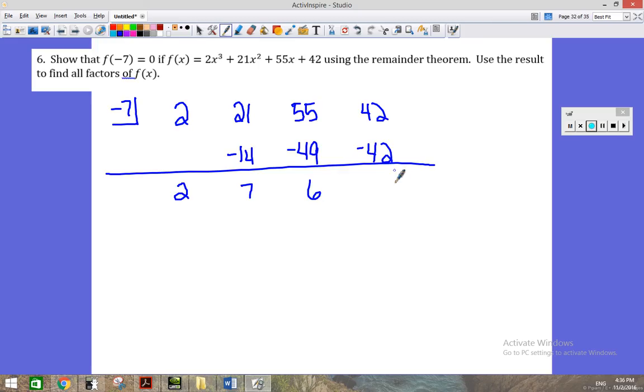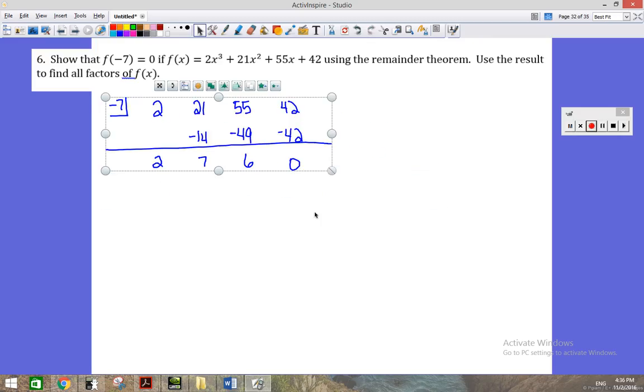So hey, I get a 0 here. So I'm pretty confident that I have done this correctly. I suppose I could have gotten, well, unlucky and gotten a 0 and did it incorrectly because I need this 2, 7, and 6, right?